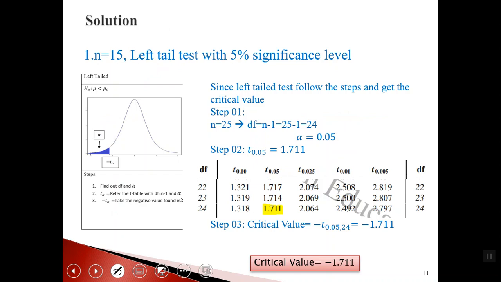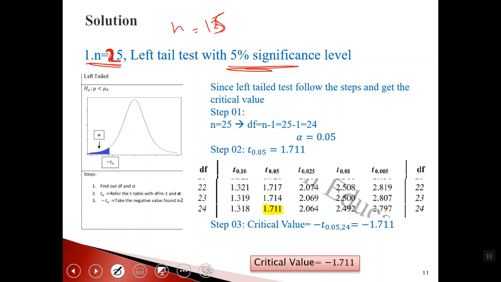First one, n equals 15. Significance level 5%. No, n is not 15, n should be 25. I'm so sorry, n should be 25.